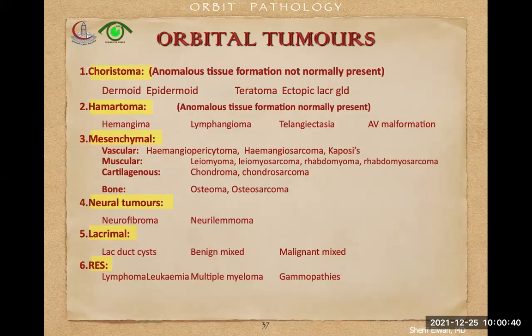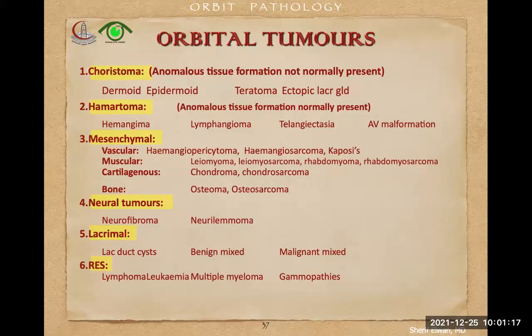Examples are hemangiopericytoma or hemangiosarcoma, benign and malignant, or Kaposi sarcoma, leiomyoma and leiomyosarcoma, tumors from the smooth muscles, or rhabdomyoma and rhabdomyosarcoma, tumors from skeletal striated muscles, chondroma or chondrosarcoma from the cartilage, osteoma or osteosarcoma from the bone. Of course, you know that sarcoma is the malignancy of tissues originating from the mesoderm, and carcinoma is malignancy of tissues originating from the ectoderm.